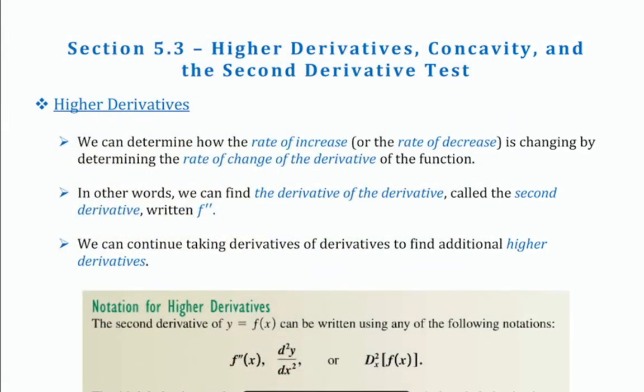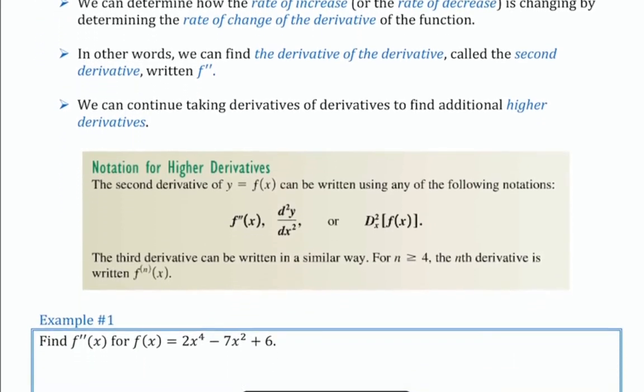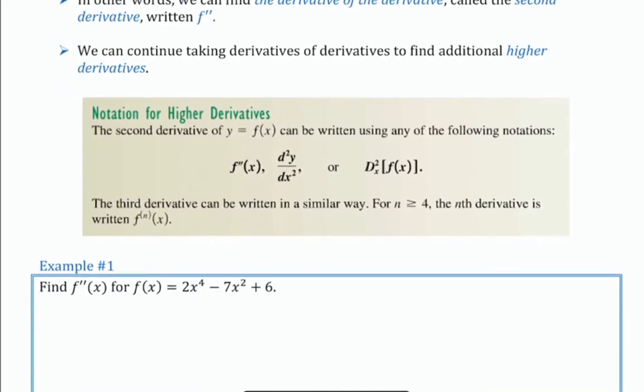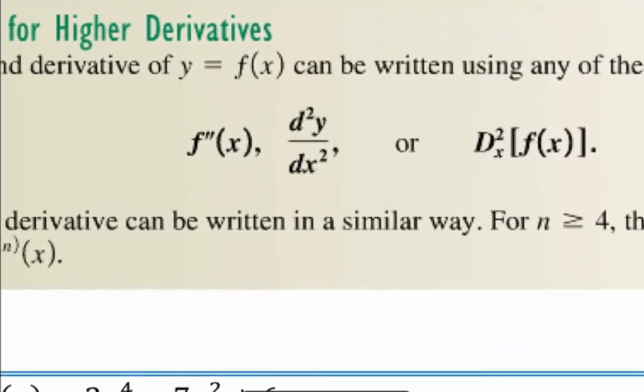So higher derivatives, as we were talking about, simply involve taking derivatives of derivatives. And in this gray or sort of sand-colored box, we're seeing some different notations for the second derivative. The first notation that we see has f double prime of x. So it's got two of those little tick marks on there.